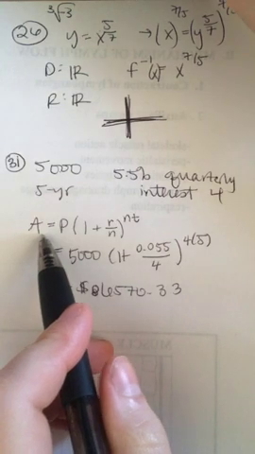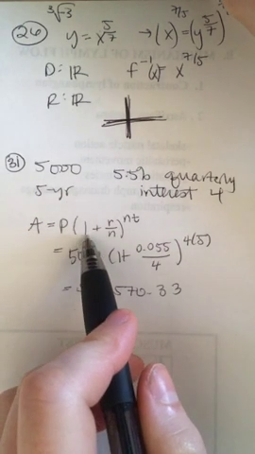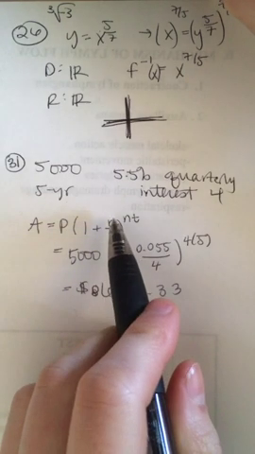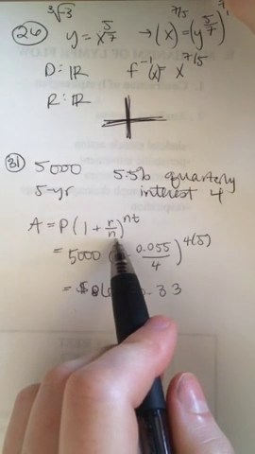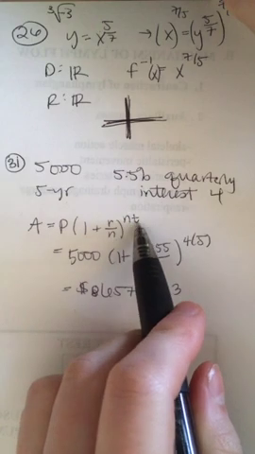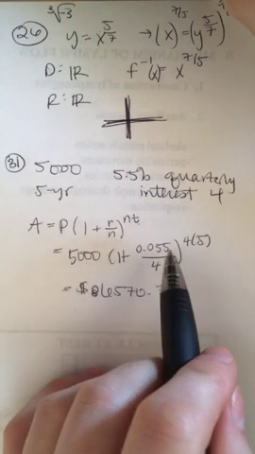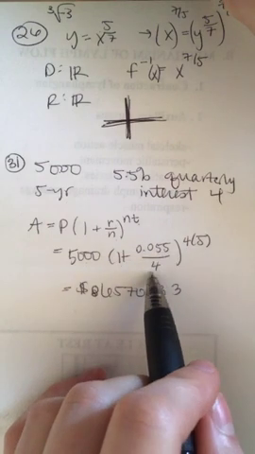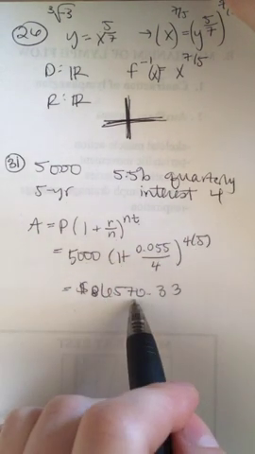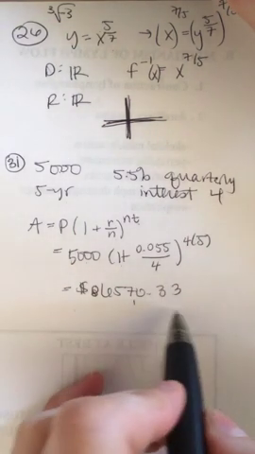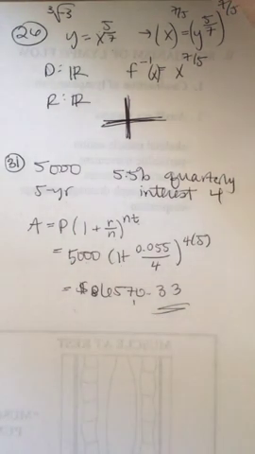The amount accumulated equals the principal times 1 whole, because you're increasing, plus the rate it's increasing at, how many times it's compounded, for how many years. So 5,000 principal, 5.5%, 4 times a year, 5 years, and your investment will grow to $6,570.33 because it's money, so you do 2 decimal places.